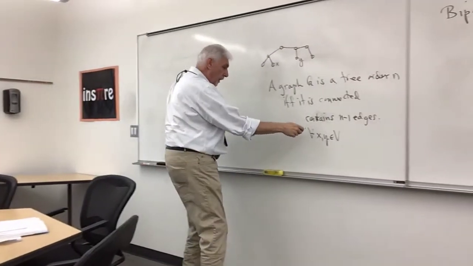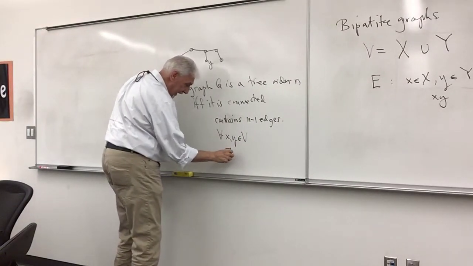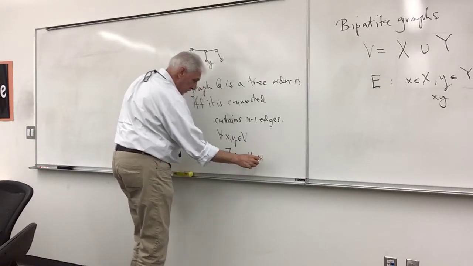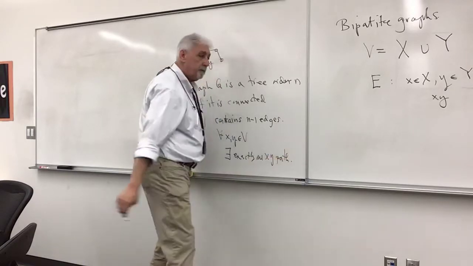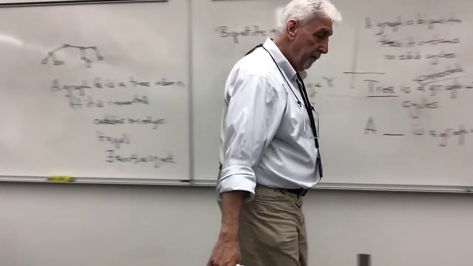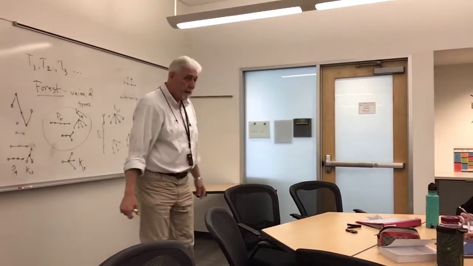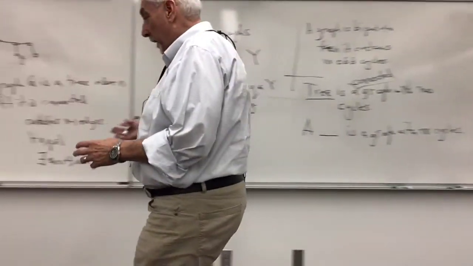For all x and y in the vertex set, there exists exactly one xy path. Okay. That's what makes it a tree. That's what makes it interesting.